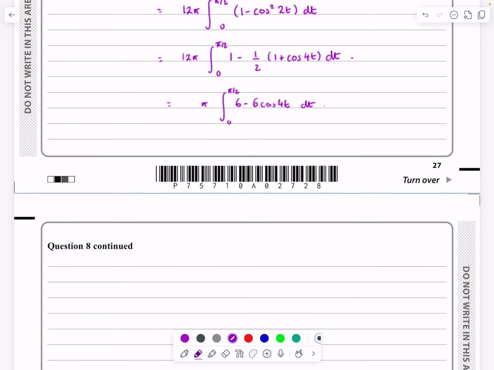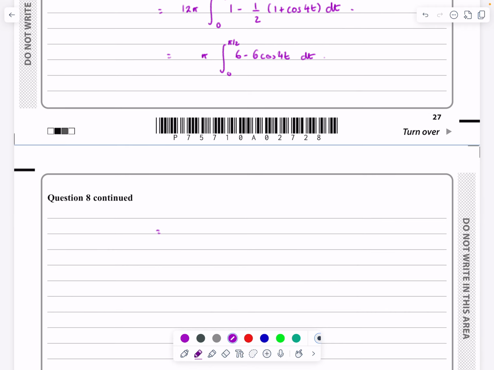Okay, so now we've just got to be able to integrate that. Well, let's take the 6 outside. I don't know why I put that back in to then take it out there. We're going to have 1 minus cos 4t dt. That was a step too much, actually. I didn't need to do that. I could have just left it at that stage there.